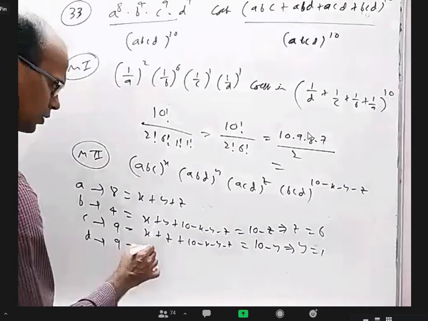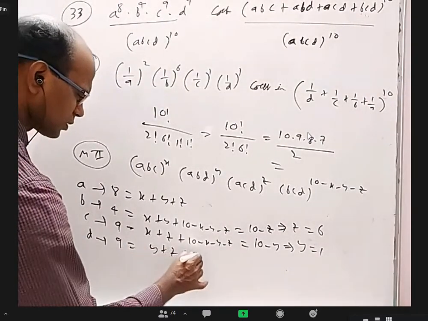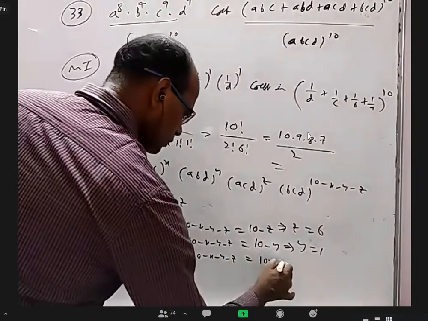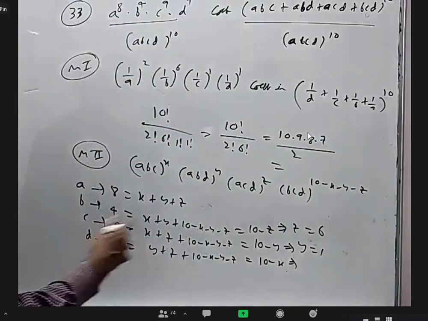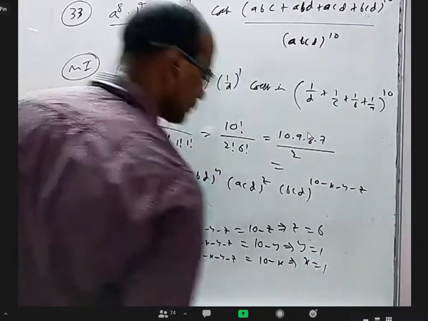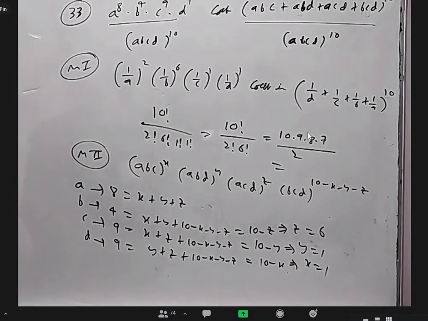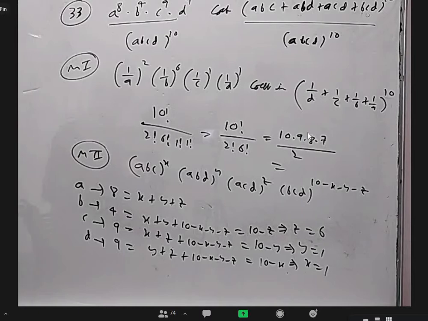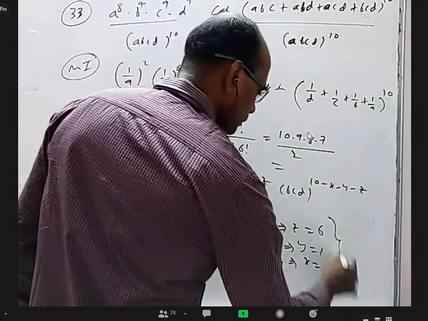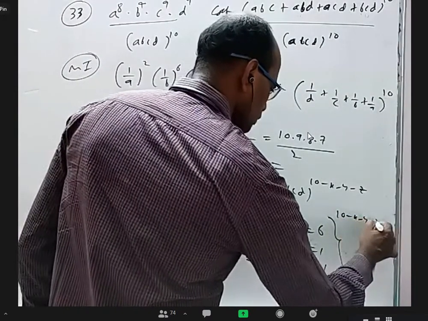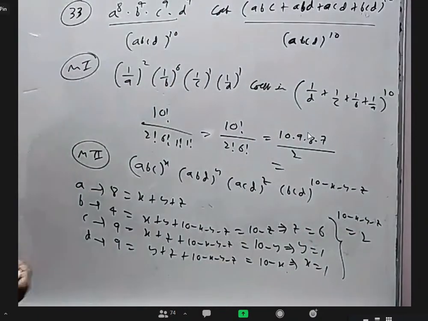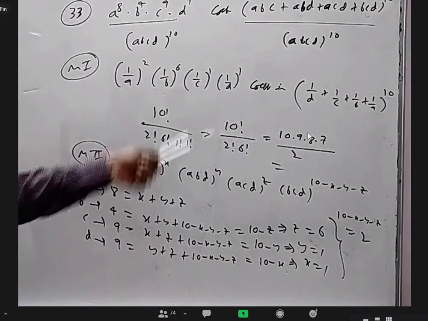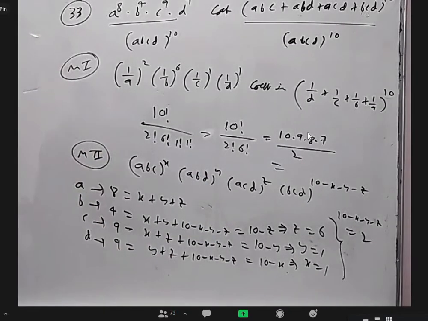Their power of D is y plus z plus 10 minus x minus y minus z, which is 10 minus x. I get x equal to 1. Then automatically the other one will be 2, because 10 minus 6 minus 1 minus 1 gives 2, so 10 minus x minus y minus z is equal to 2. So you can understand where they get the powers as 6, 1, 1, 2, then the answer will be again the same. So you can do it this way or that way.